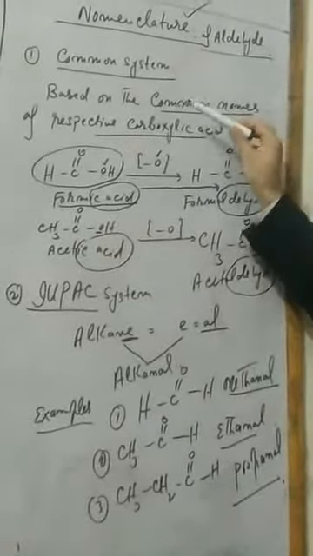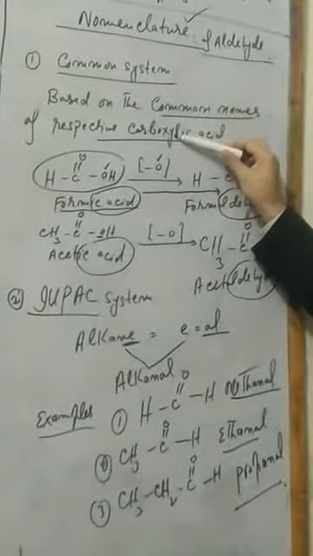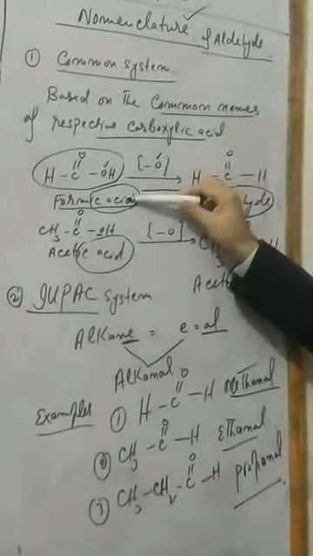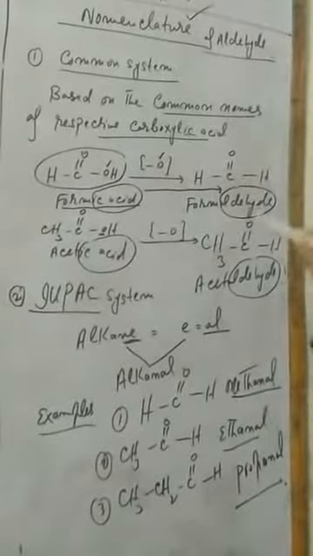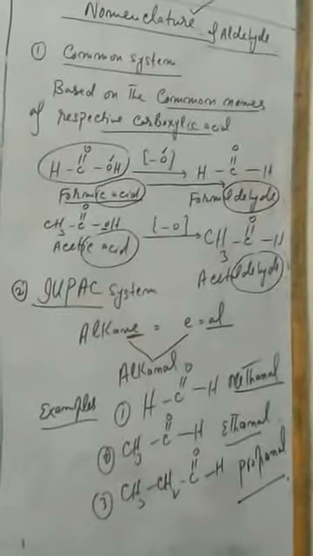So keep in mind the common name of an aldehyde is based on the common name of the carboxylic acid. Just remove "ic acid" and put aldehyde, and you will get the common name of the corresponding aldehyde.